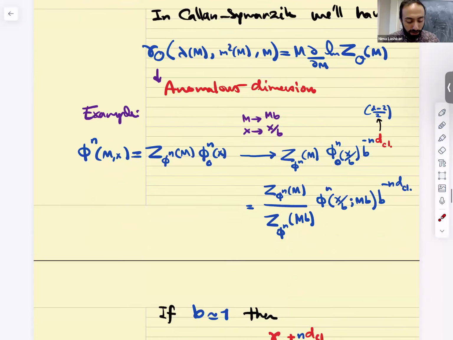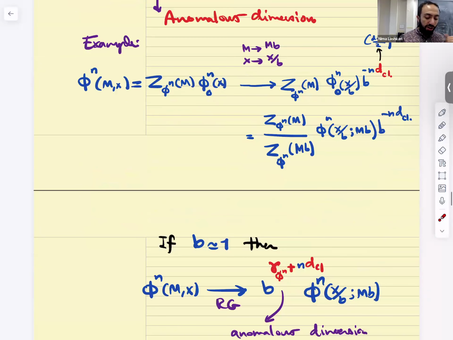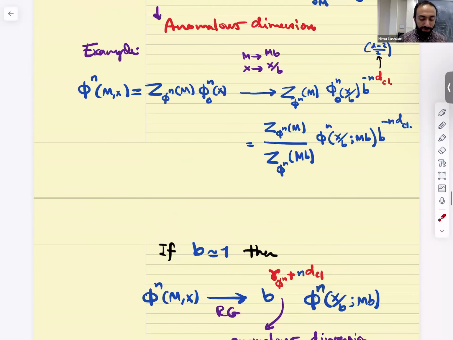Right? So if B is near 1, I'm just going to expand this, and I see that under the RG flow, phi of n of M and X, the renormalized composite operator, transforms in the way that's normal, by some B to a power of the standard dimension suggested by the UV, plus some gamma. That's the anomalous dimension.